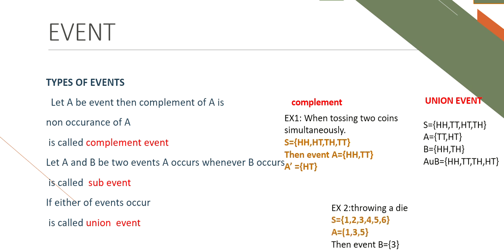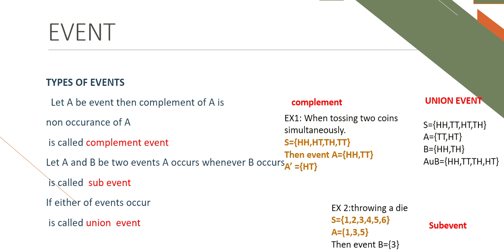So next example, throwing a dice, 1, 2, 3, 4, 5, 6 I have written, that is the sample space. A is 1, 3 and 5. Then event B, a sub-event, right? In B only 3 has occurred here. So what kind of event is it? Sub-event. That means A contains 1, 3, 5, and out of that, B contains only 3. So this is a sub-event.